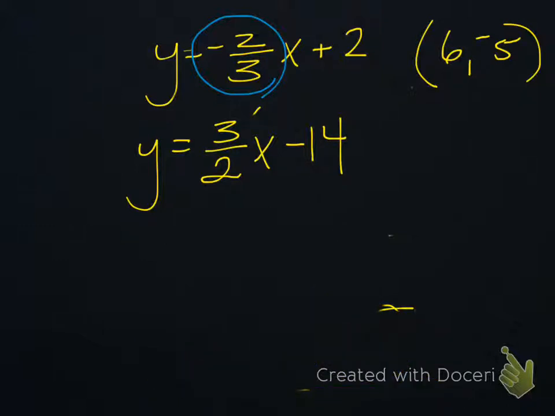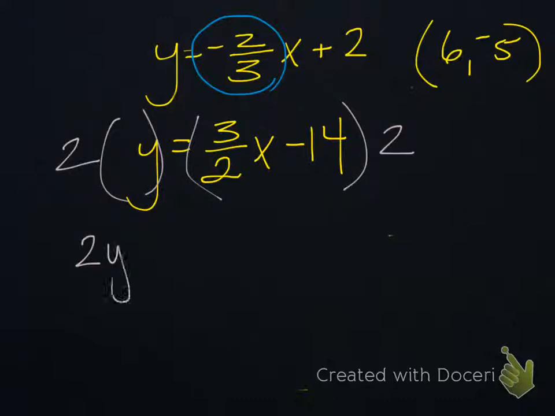So the first thing I want to do, it's a personal preference, is to get rid of any fractions. I'm not allowed to have them in my standard form, so I'm going to multiply both sides by 2, and then I'll get 2y equals 3x minus 28, and then all I need to do is move my 3x over.